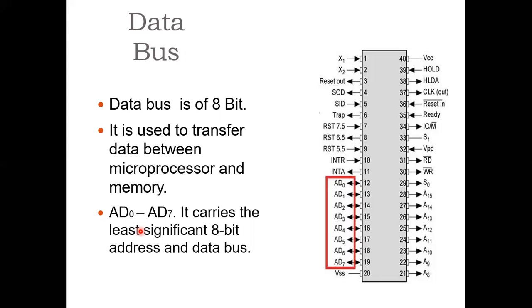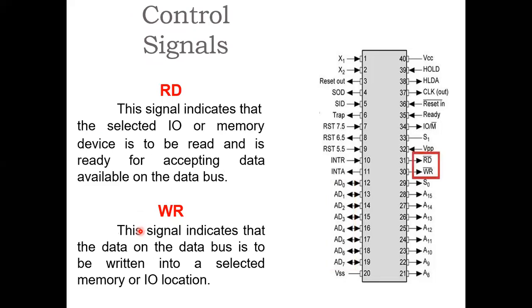Then the control signals, like read and write. RD bar is active low: if it is 0 it is enabled, and if it is 1 it is disabled. The RD signal indicates that the selected input output or memory device is to be read and is ready to accept the data available on the data bus.